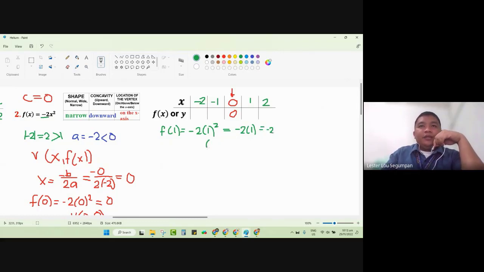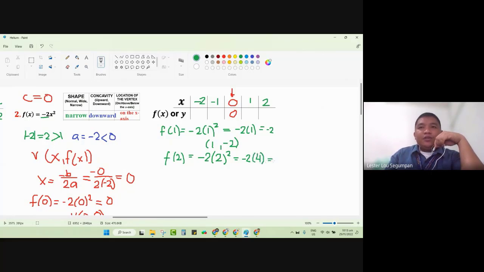The first additional point for our parabolic graph is at 1 and negative 2. As for f of 2, the result will be the simplified form of negative 2 times 2 squared, which is negative 2 times 4.